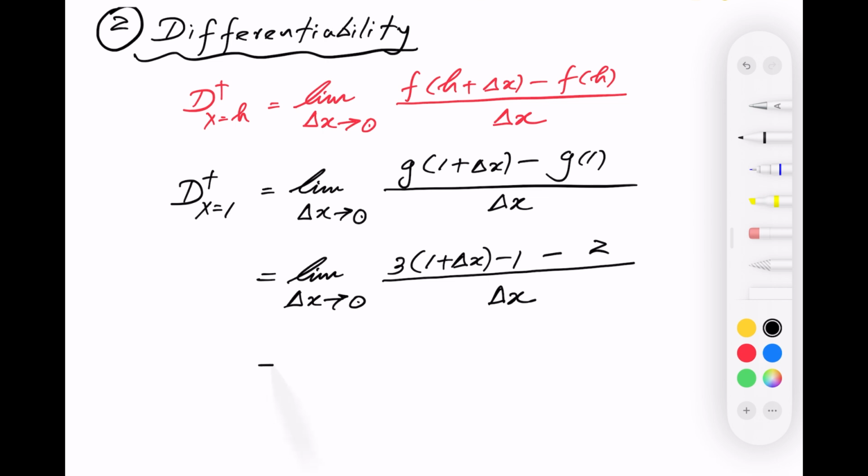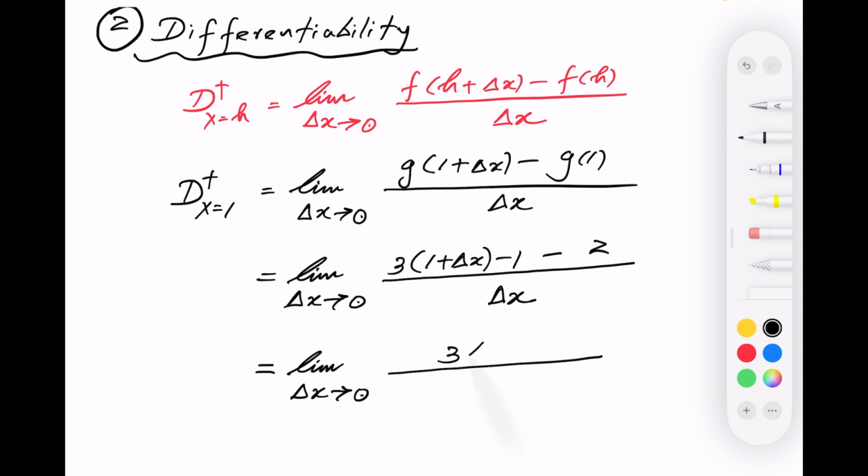Now we need to do the simplification. This is equal to limit delta x approaches 0. On the numerator, you can see 3 times 1 is going to be equal to 3. That minus 1 minus 2 will be 0. There will be no constant on the numerator. The only term we have is 3 times delta x.